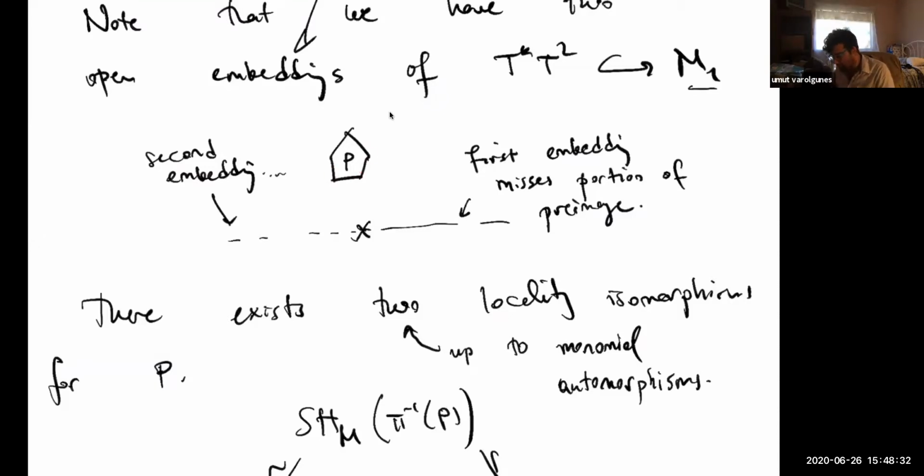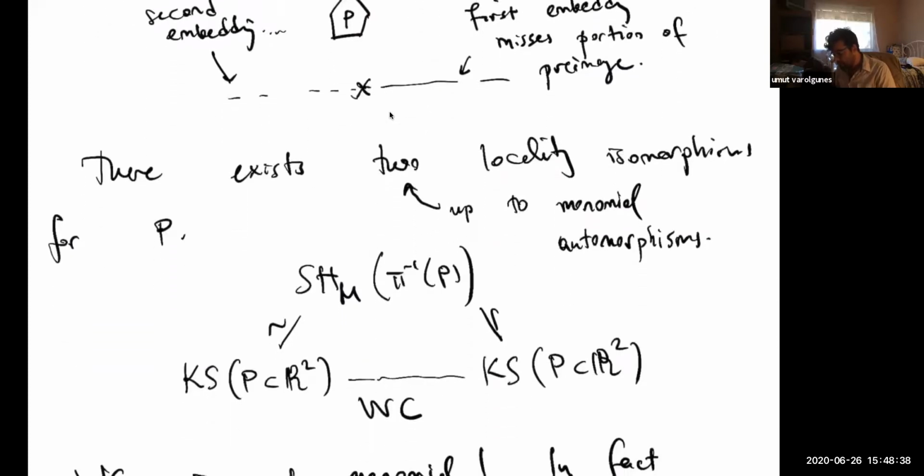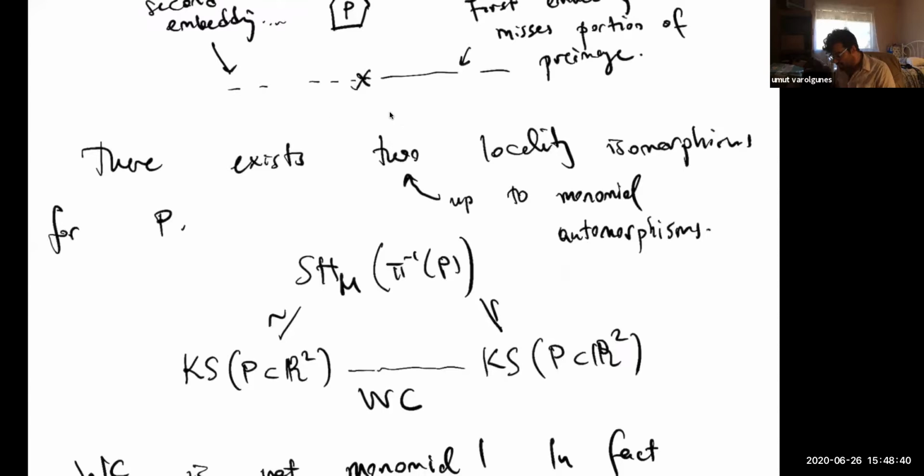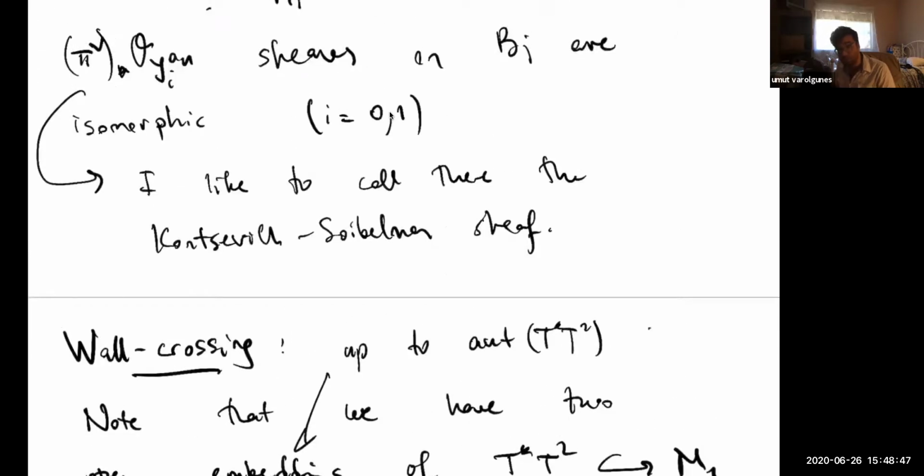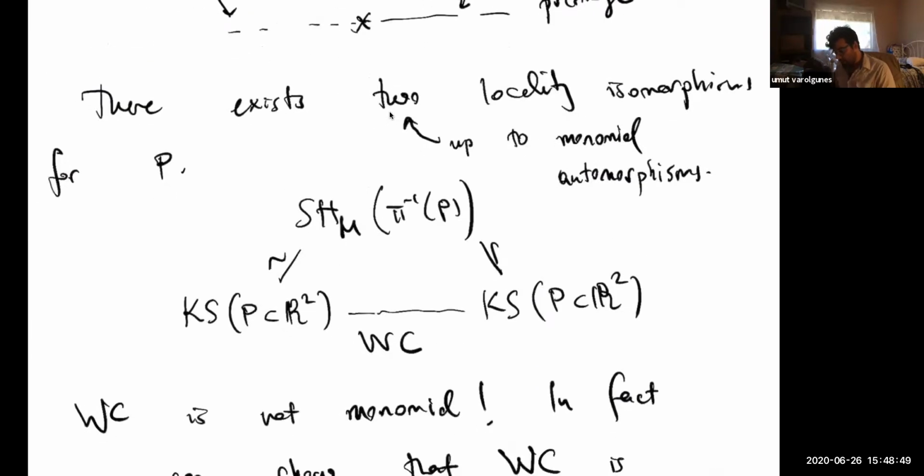So let's take a polygon contained in the upper part of this monodromy invariant line. Then using the locality theorem, I get two isomorphisms with the Kontsevich-Soibelman sheaf, some kind of convergent functions over P.